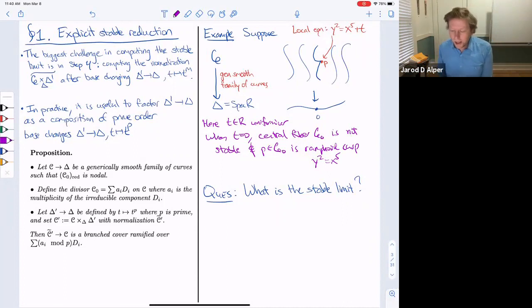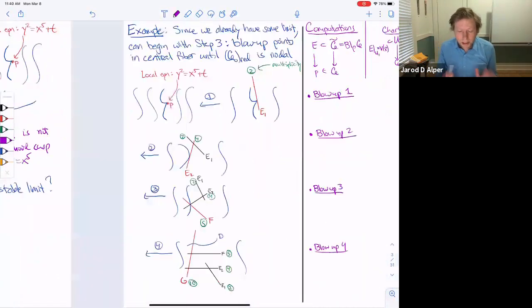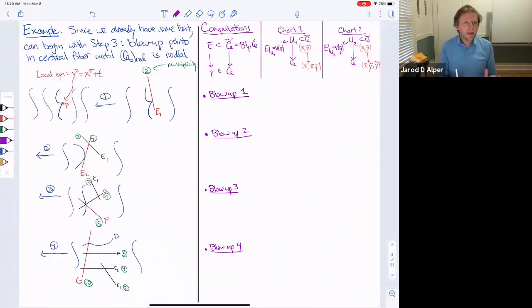So we're going to follow the procedure we had, but since we already have some limit, we start with what I numbered the third step. So we start with blowing up points in the central fiber in order to resolve the singularities. Again, I've sort of cheated.